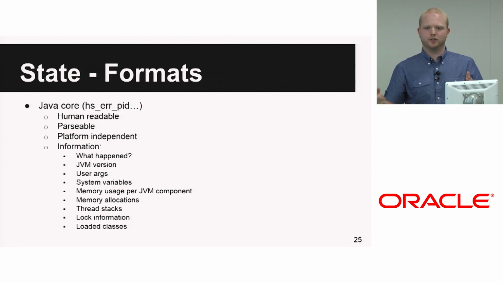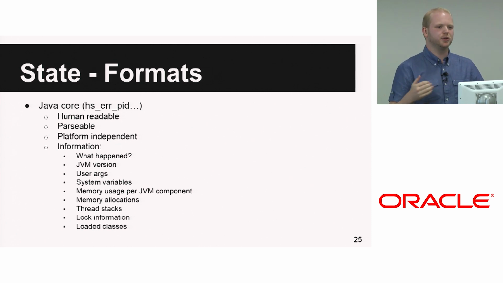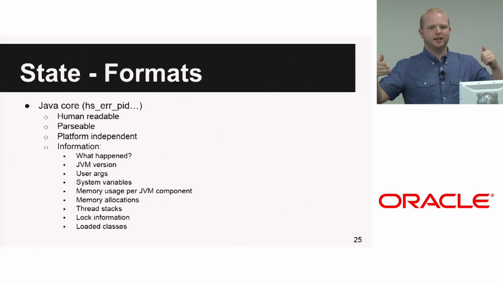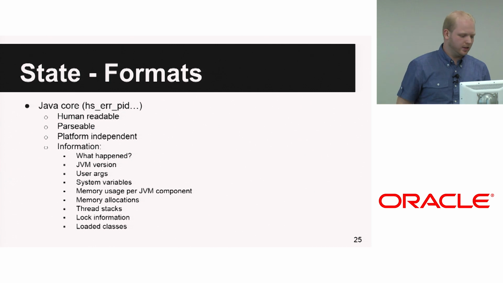What code went in, right? Then in your Java core, you can easily see the version of it. You can see the user arguments that were used when you ran that specific one. So we're back to the tuning. You can see the specific tuning that applied in the fail state, and what is different when it didn't fail.